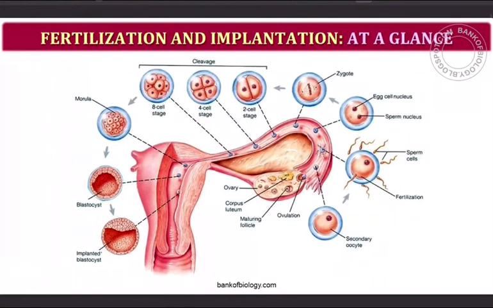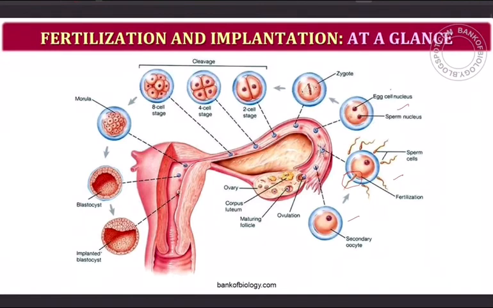At the same time, due to insemination, lakhs of sperms are released into the vagina, travel to the cervix, through the uterus, into the fallopian tube, and reach the ampullary-isthmus junction. The fastest sperm is able to fuse with the waiting ovum.